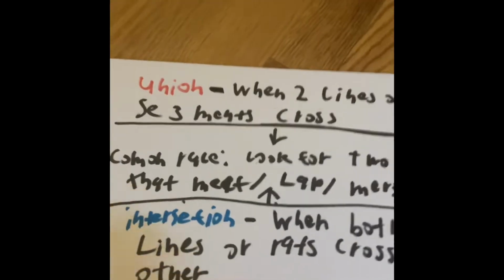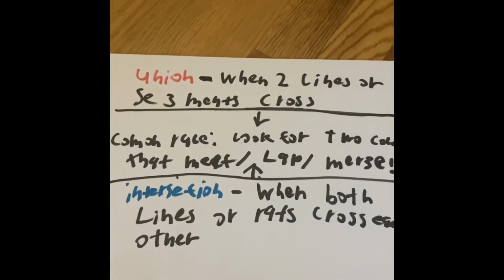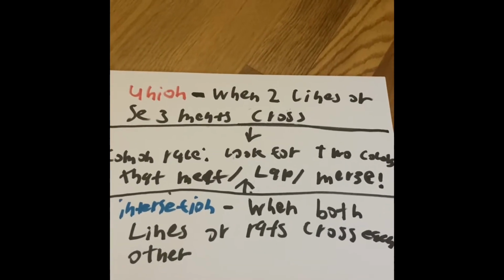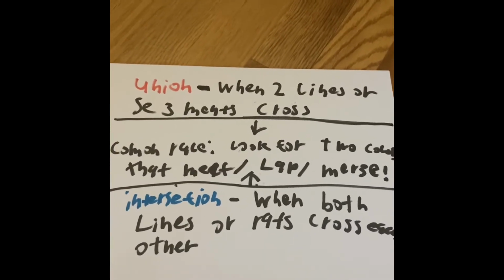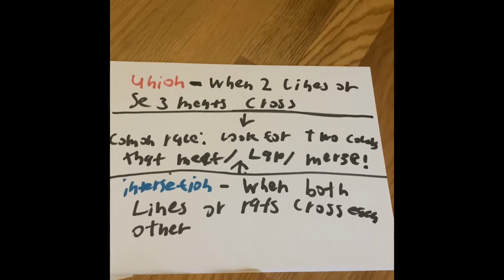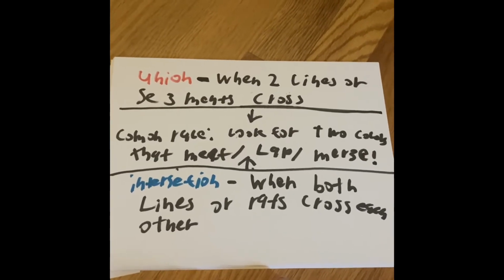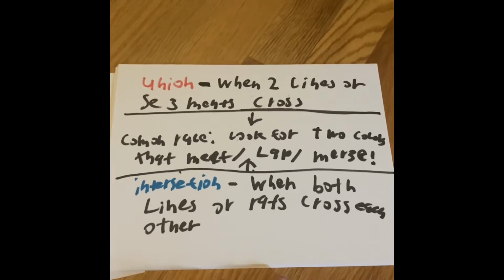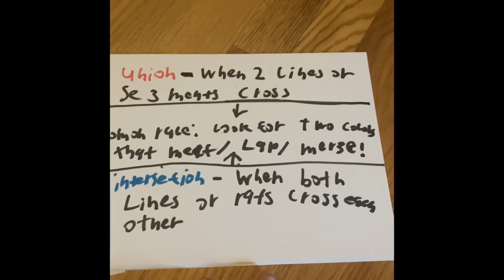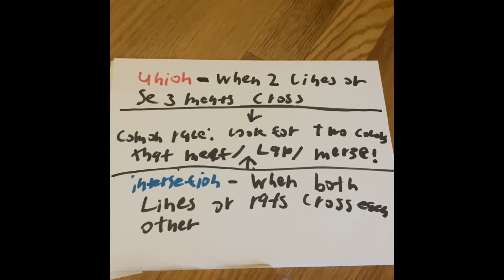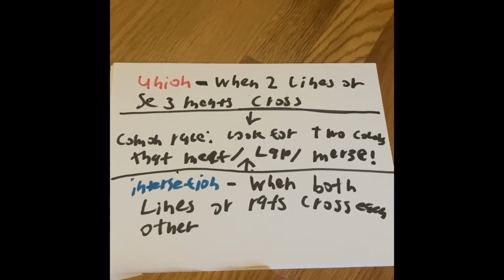A union happens when there are two lines or segments that meet together. An intersection is when the lines or the rays cross each other. But there's a common rule: look for two colors that meet, overlap, or merge.